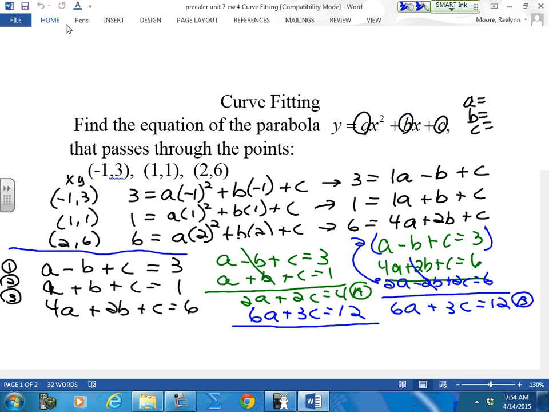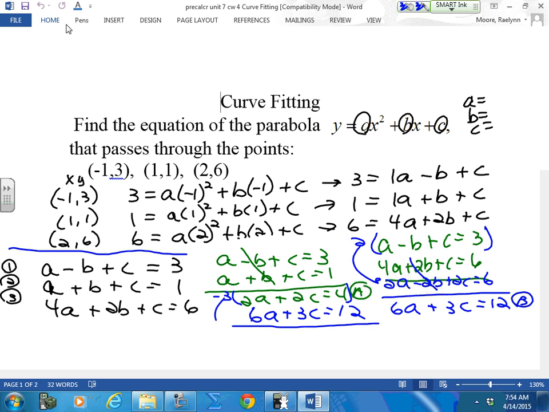Look at your coefficients. None of them are the same. But if I choose to eliminate A, and this guy's a 6, can I get a 2 by multiplying something to give me a 6?